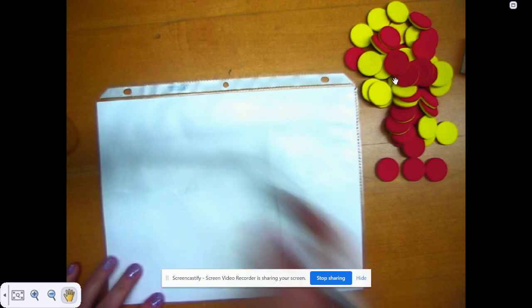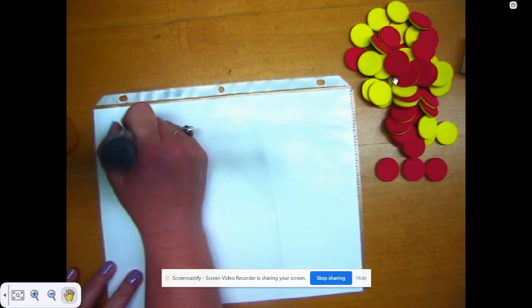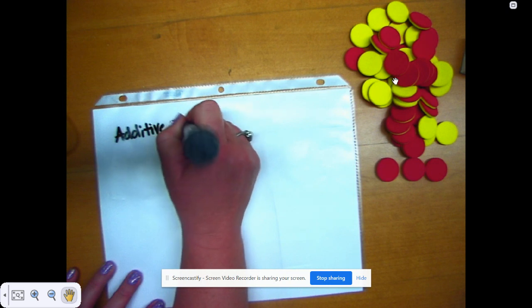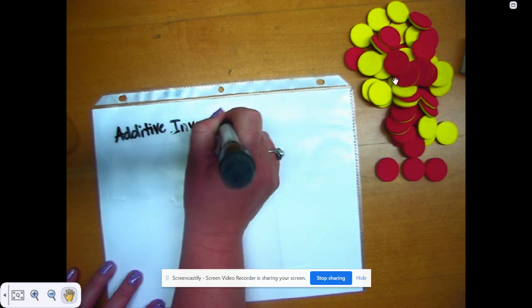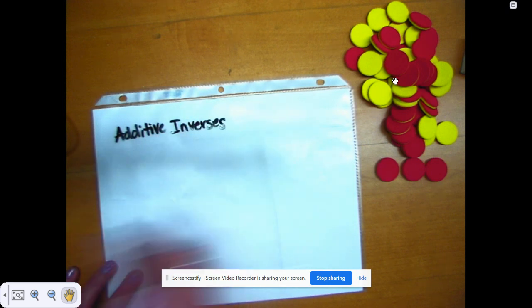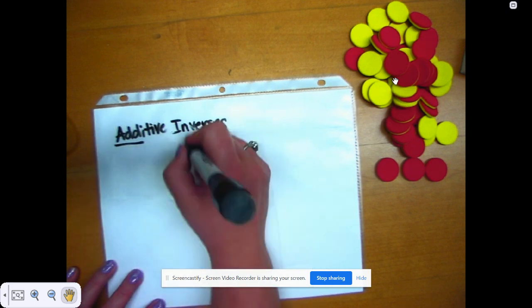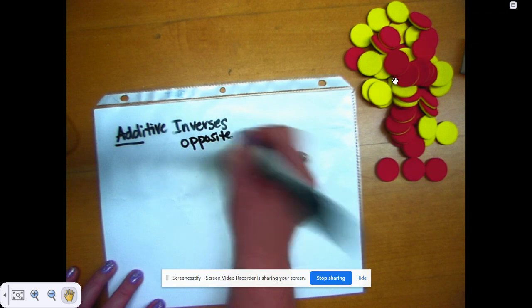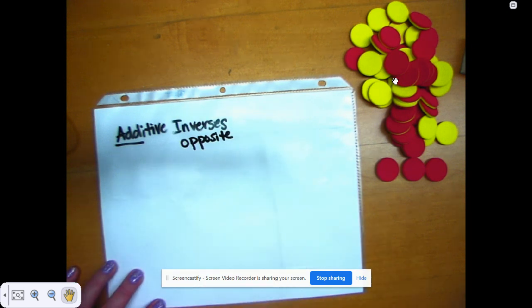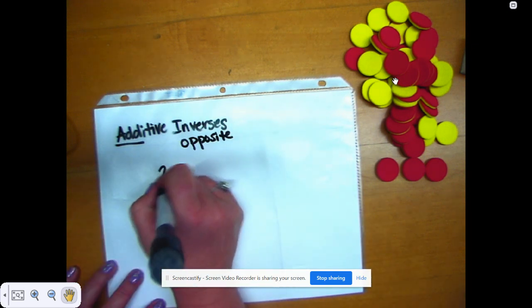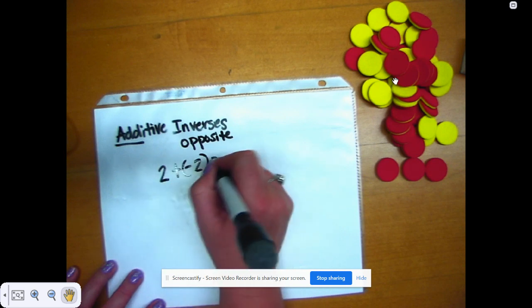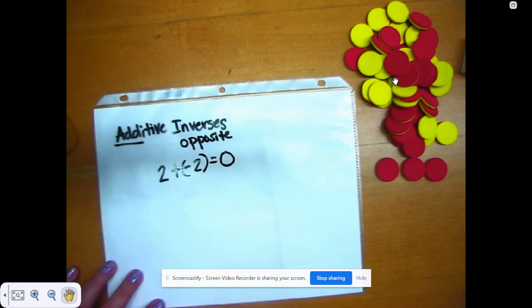Yesterday we talked about additive inverses. And we talked about how this means to add the opposite. So if we're adding the opposite, if we have 2 and we add -2, we will get 0.